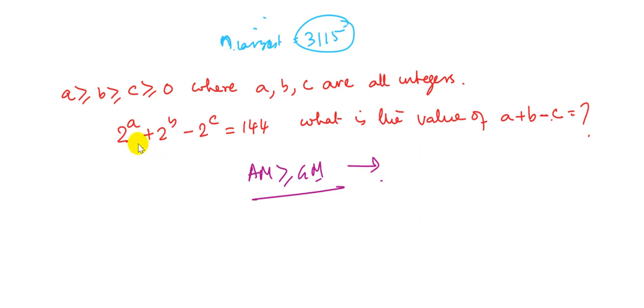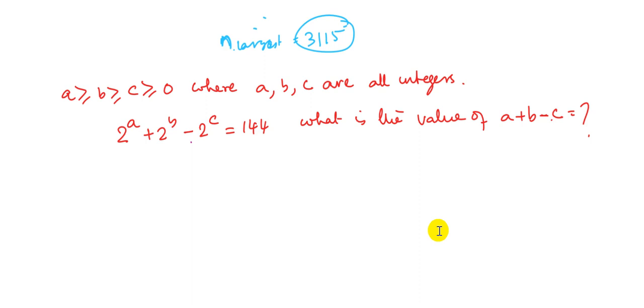Here you have 2 to the power a plus 2 to the power b minus 2 to the power c. So it is not a sum. You have to be careful in what you are applying.